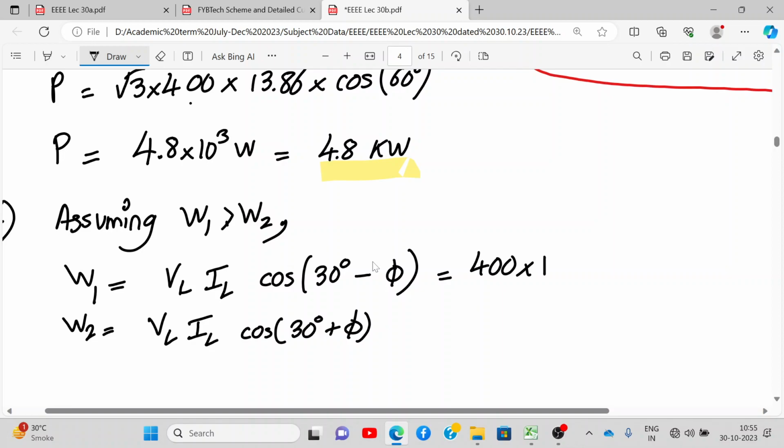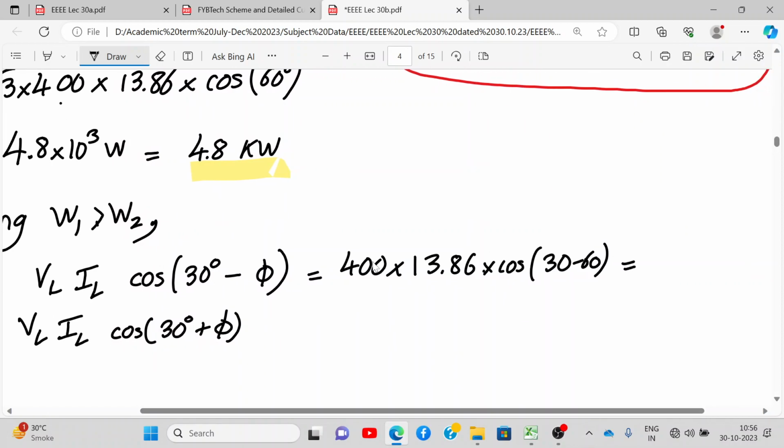60. So 400, VL is 400, IL is 13.86 into cos of 30 minus 60. So cos of minus 30 you will get, which is 4.8 kilowatts.